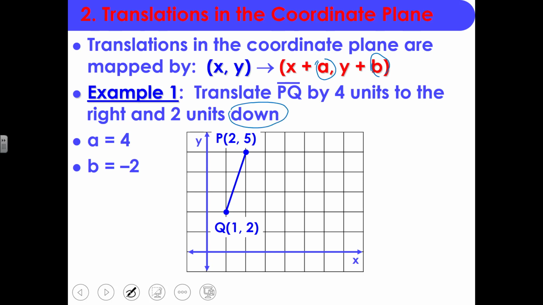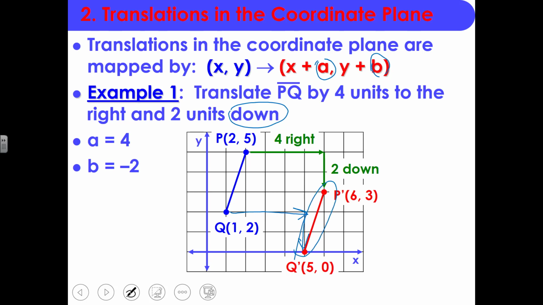If it were up, then it would be a positive number. So if we were to draw that movement, then P would be moving to the right and down. The same thing happens for Q. Q would be moving 4 units to the right and 2 units down. And that's how you get the image, which is P prime, Q prime.